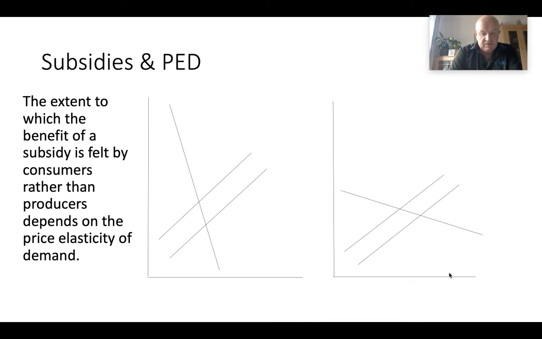On page 51, you've got some options to consider where you've got inelastic demand, and then elastic demand, and then drawing in the supply curve with the subsidy included, and the extent to which that is likely to have an effect on the amount of product or service demanded.